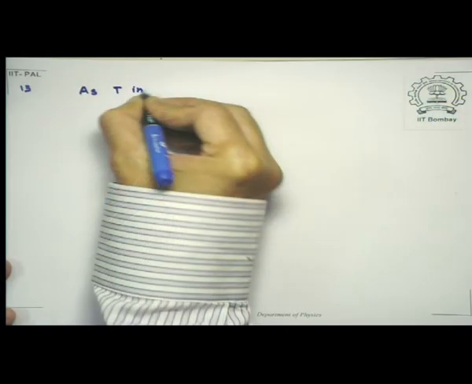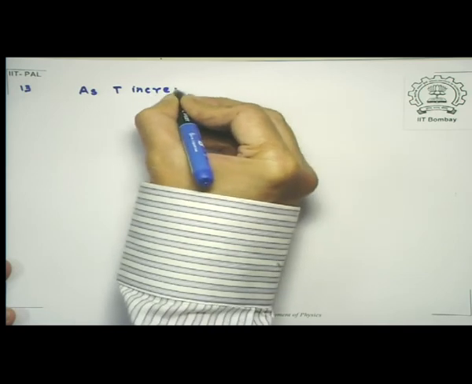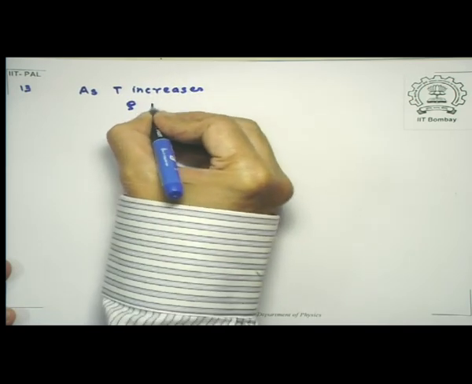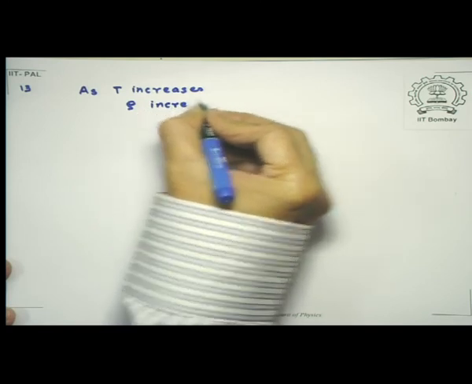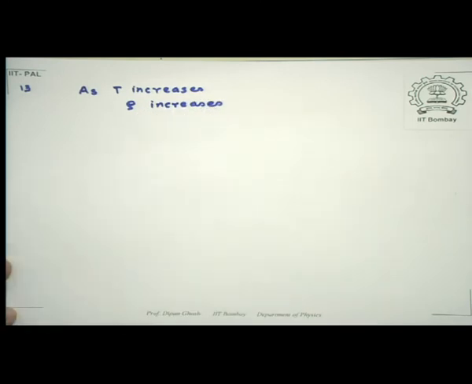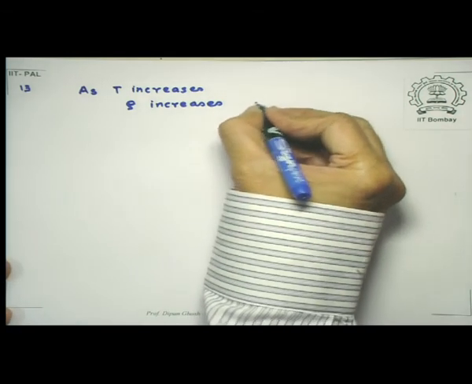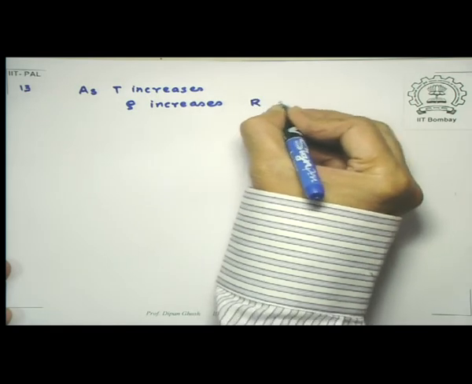So as temperature T increases, we have the following relationship for conductors. The resistivity rho increases. In other words, if you take a sample of a fixed dimension, of course, then the resistance R also will increase.